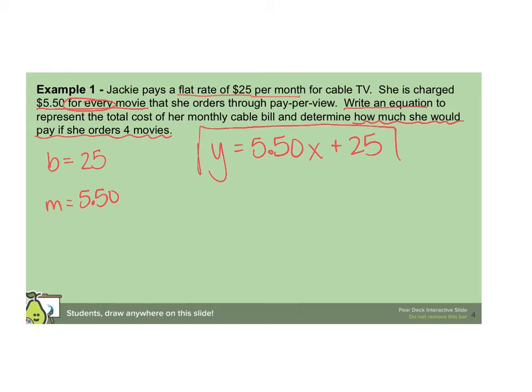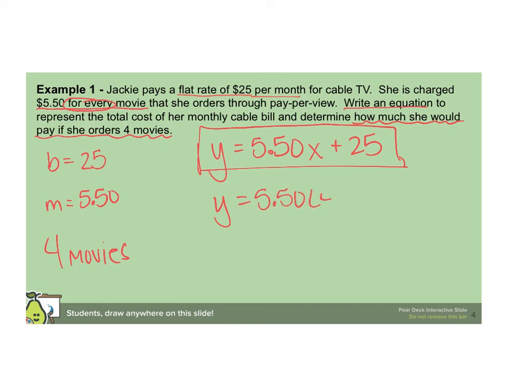The second part wants to know, well, how much is her bill if she orders 4 movies? So there's only x or y where you can plug this 4 into, okay? It's 4 movies. So are movies the x value or the y value? Well, y is the total cost of the bill. X is the number of movies. So to figure that out, we're going to plug in a 4 for x.